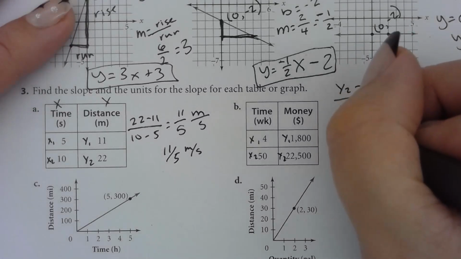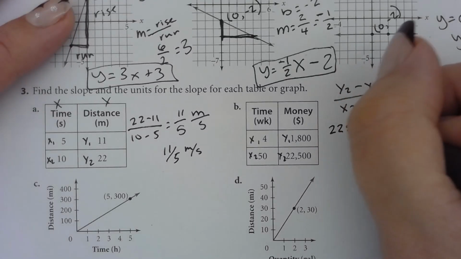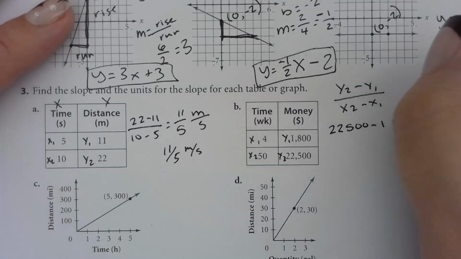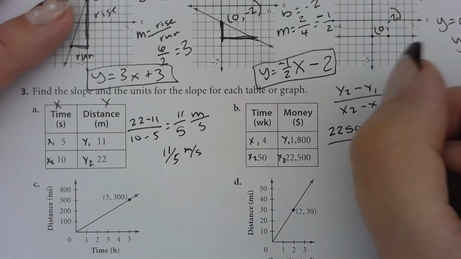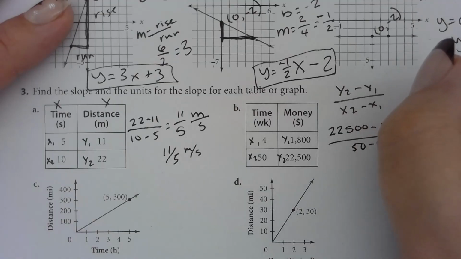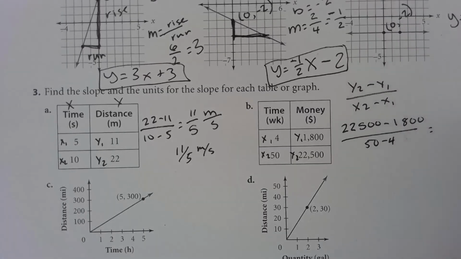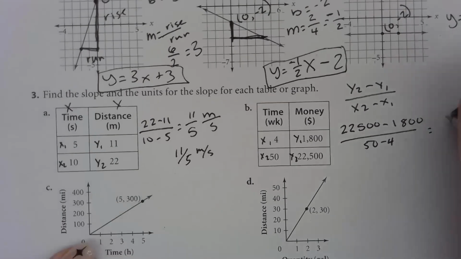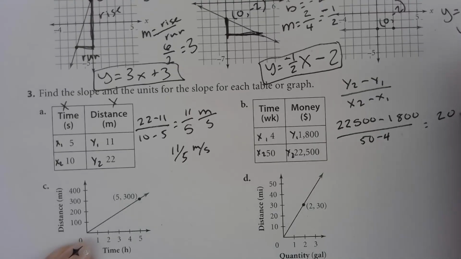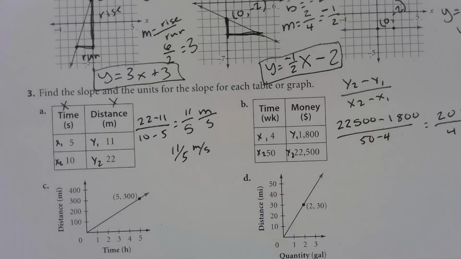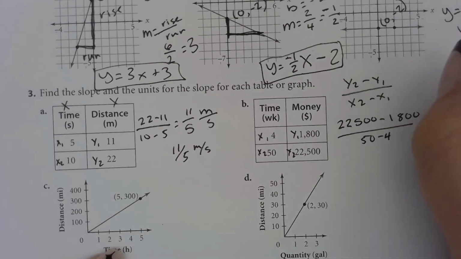So we get 22,500 minus 1,800 over 50 minus 4. We're at 20,700 over 46, just $450 per week.